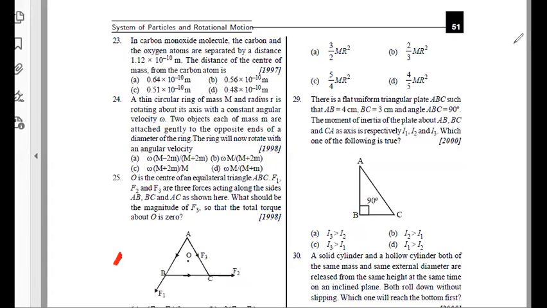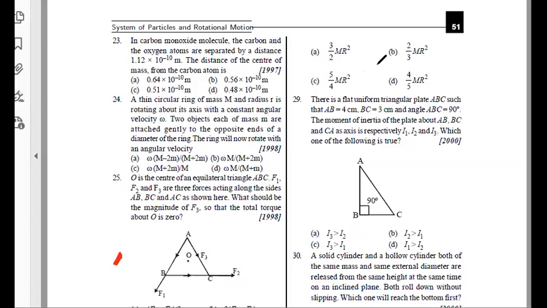It is based on the parallel axis theorem. Yes, very good. Across the diameter it is mr square by 4 and it is shifted by r distance, so plus mr square. C, very good.